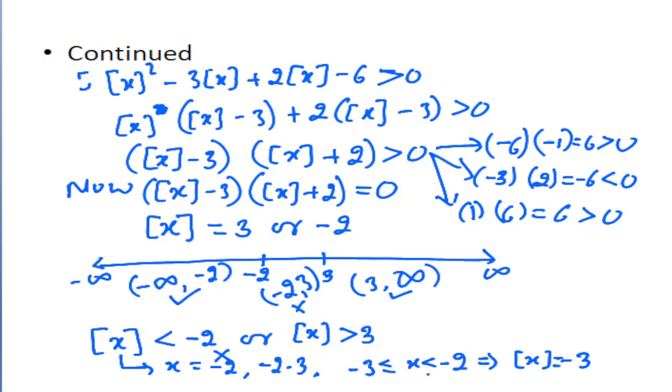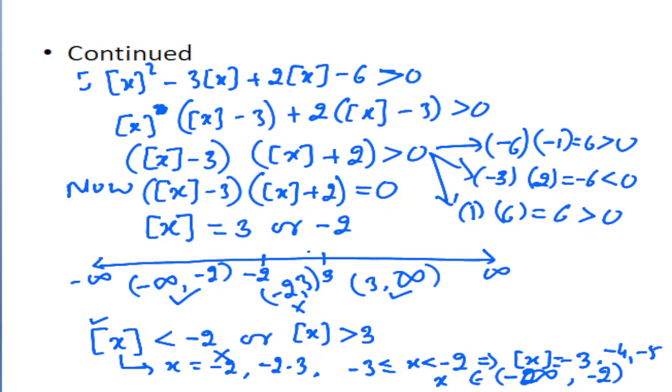So x belongs to minus infinity to minus 2. In this case, I can take any value between minus infinity and minus 2, and the greatest integer function value is minus 3, or you may get minus 4, minus 5, as it goes on up to negative infinity.